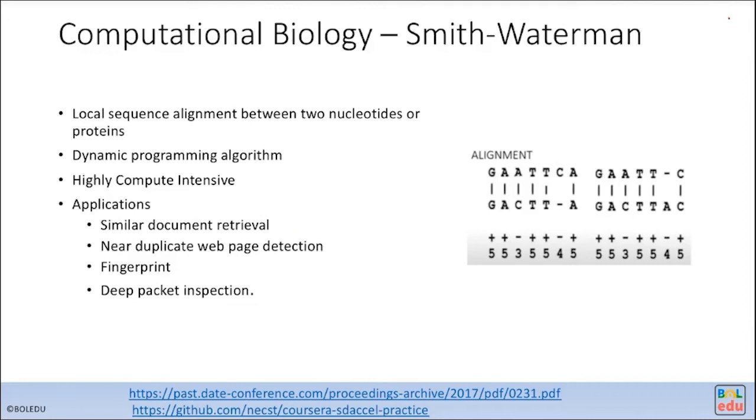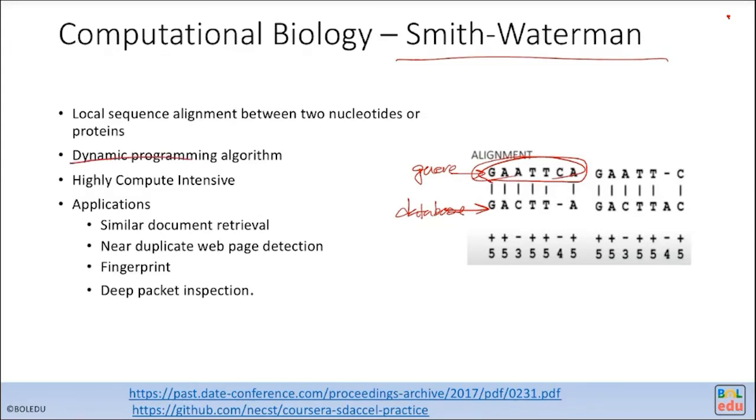Okay, so let's brief about this Smith-Waterman algorithm. Basically, you have a query gene sequence, and then you have a database. You try to match and find the alignment between these two nucleotide or protein sequences.